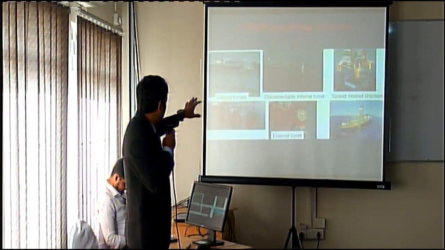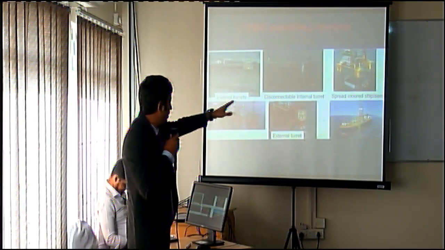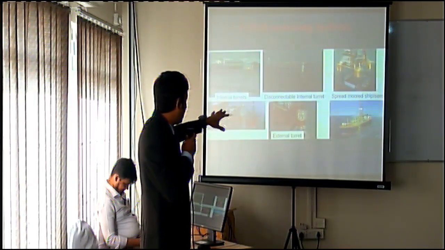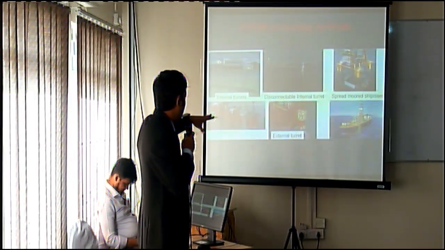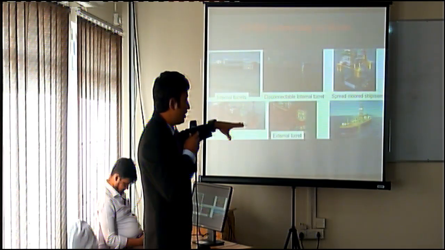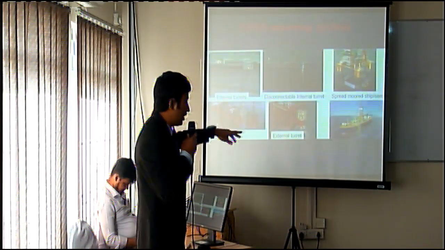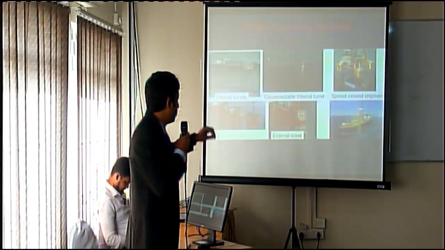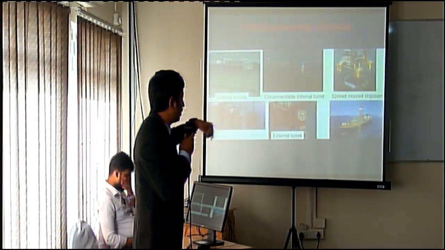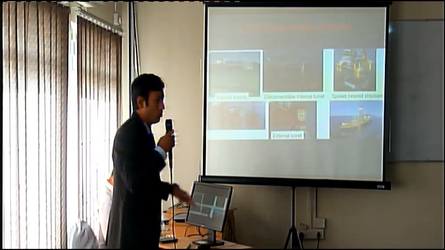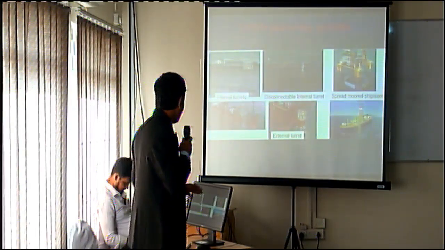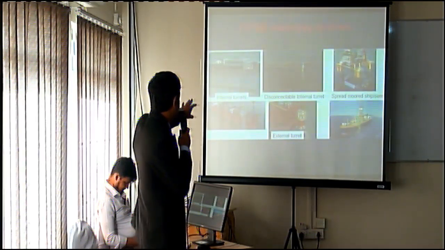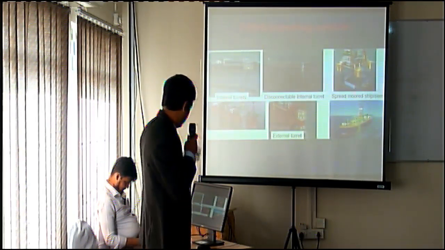These are turret mooring systems, but on the right side we see a spread mooring system, meaning all the mooring lines are spread in different locations and the vessel is fixed in that position. It cannot rotate. But in the turret mooring, the benefit is that the vessel can move around one point and rotate around that point, and the production will not be hampered. In the vessel that I used, it will actually use the internal turret, the corner part.